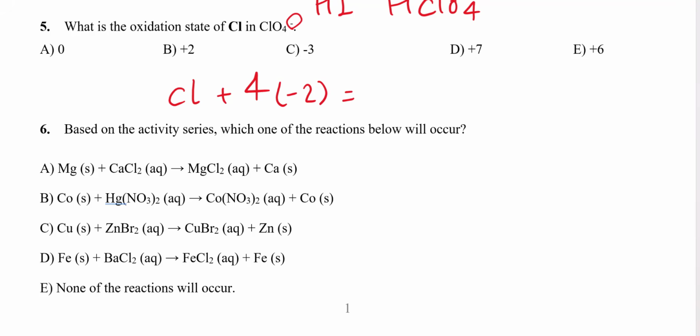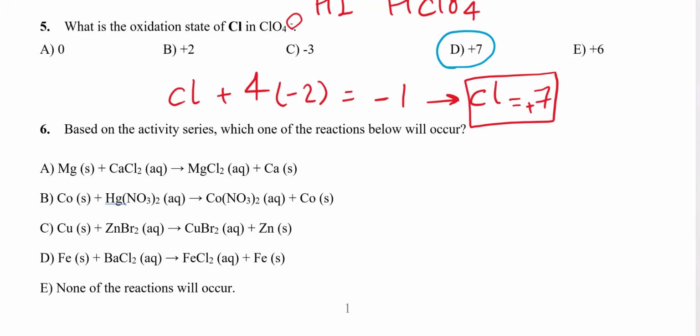The total should be -1 because the anion has a -1 charge. Then Cl minus 8 equals -1. If I add 8 to both sides of this equation, these cancel out, and Cl equals +7. So the oxidation number for chlorine is positive 7. So D is the answer.